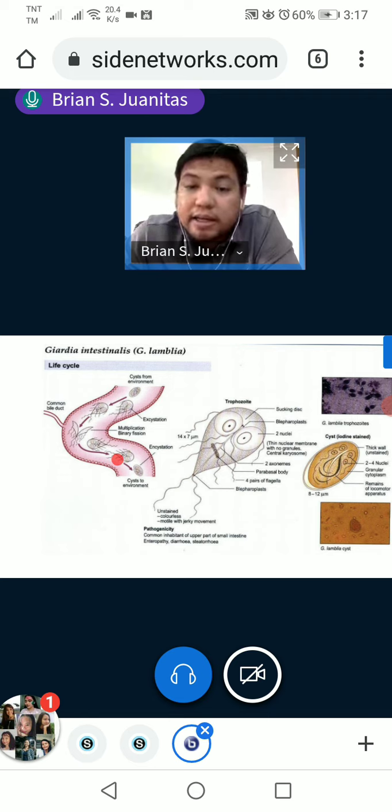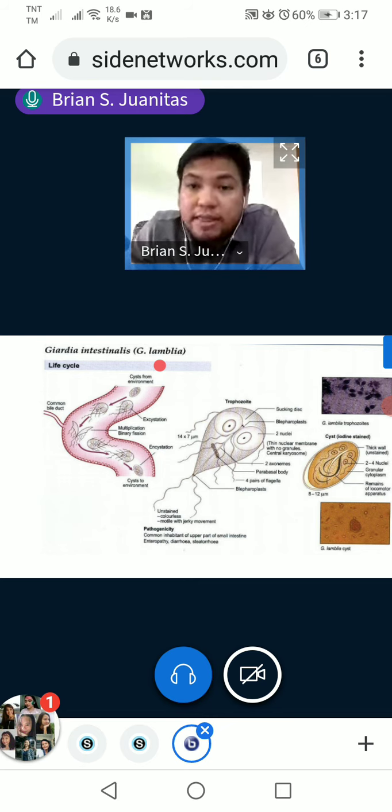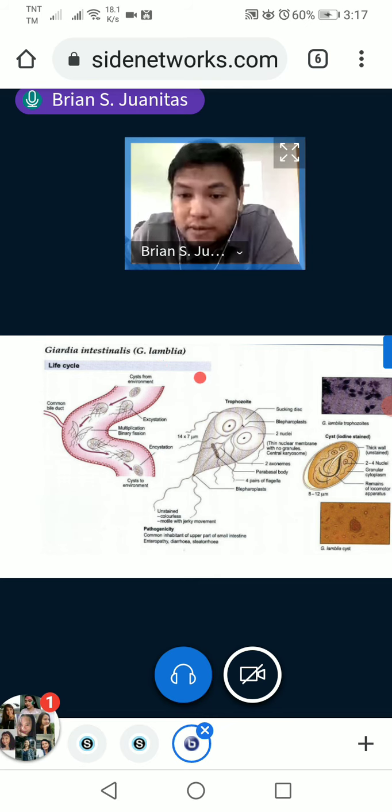Okay, it becomes a trophozoite. From being a trophozoite, class, that is where it gets nutrients from the body. Then it leaves our body again in the form of a cyst, or it will undergo encystation again to survive the outside environment. Okay, so that is basically the life cycle of Giardia intestinalis or Giardia lamblia.